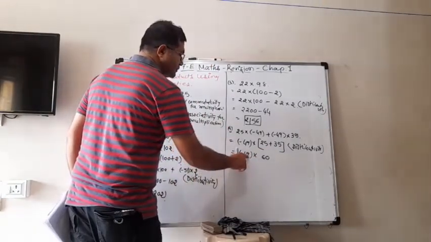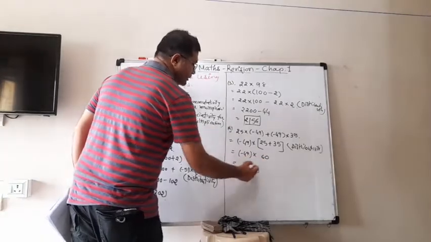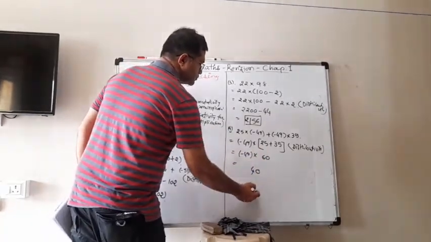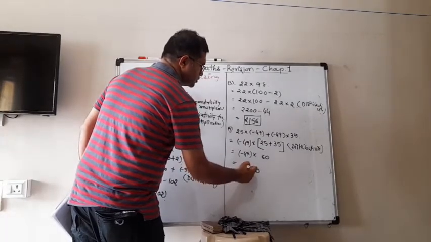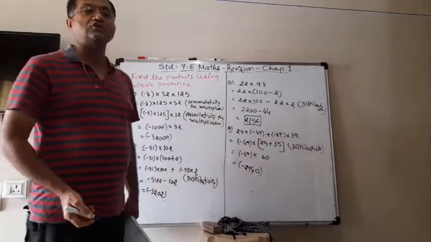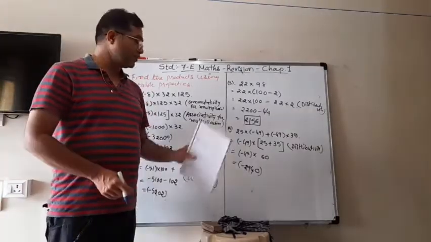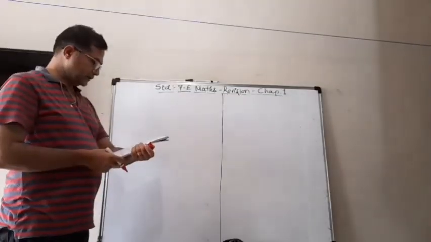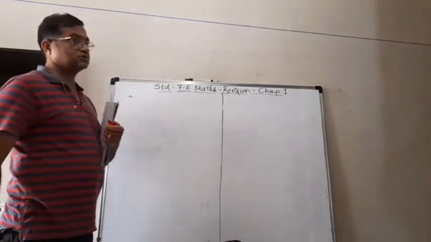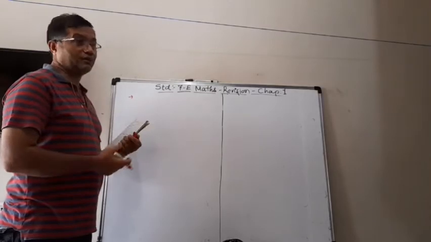So now we have only multiplied 49 with 6 and put a 0. So answer is minus 2940. Now the questions like word problems.